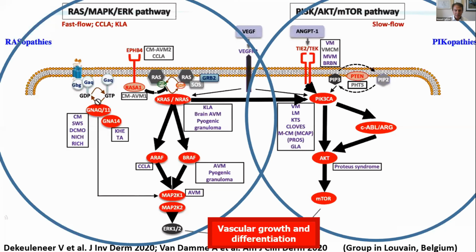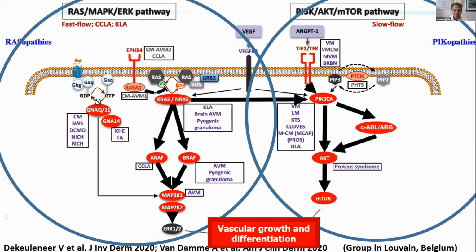And these mutations in these genes result in different types of vascular anomalies, which are shown here in these purple. So things like, and you see there, vascular malformations, VM, LM, lymphatic malformations, KTS or Klippel-Trenaunay syndrome, etc.